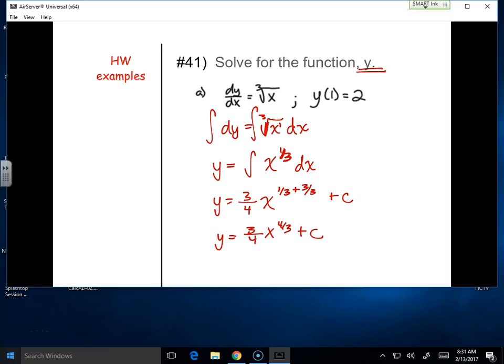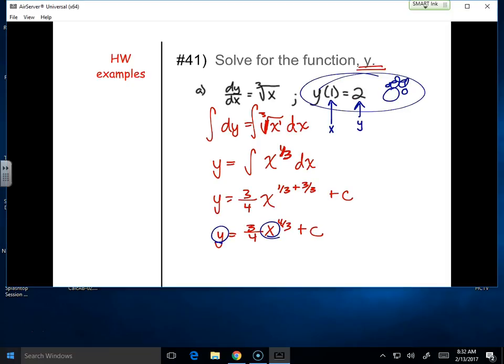We're done. No, we're not. Why not? We need to go find our c, right? Remember? f of, that's our x value, that's our y value. We gotta plug it in, and find c.